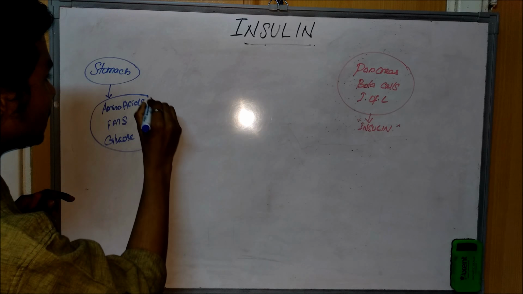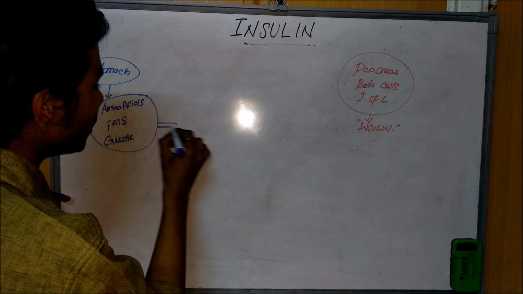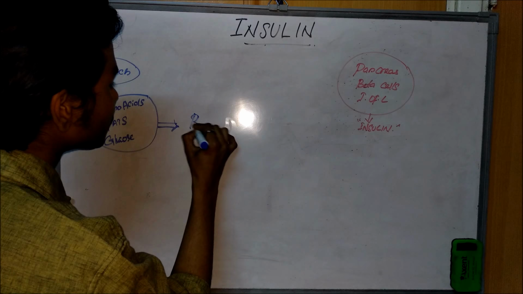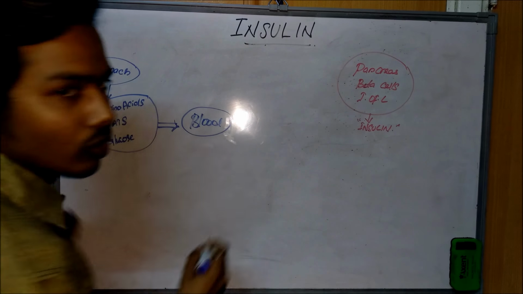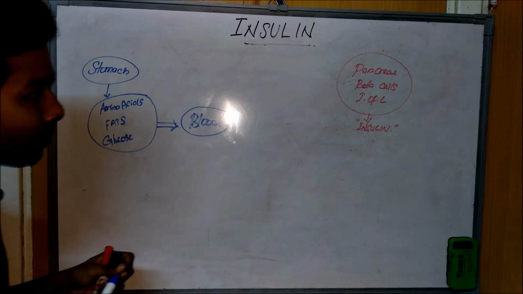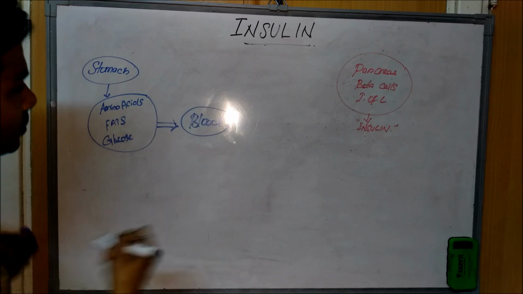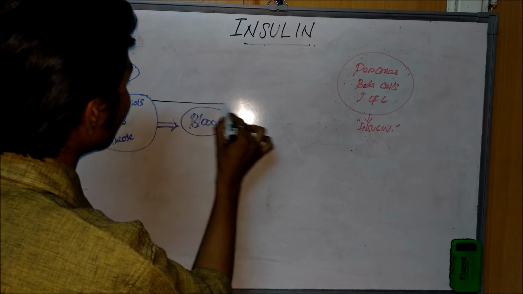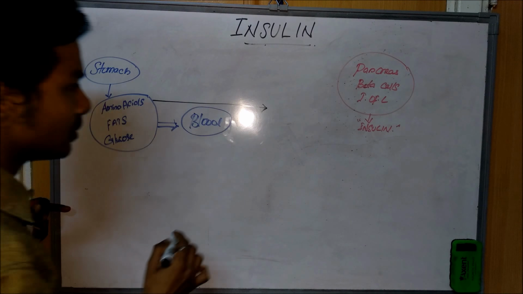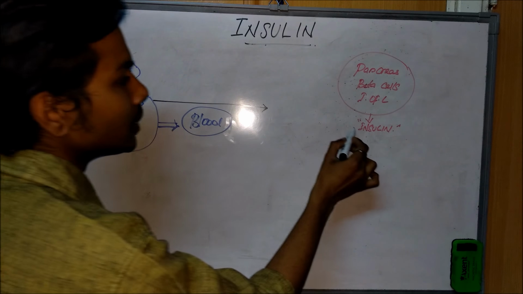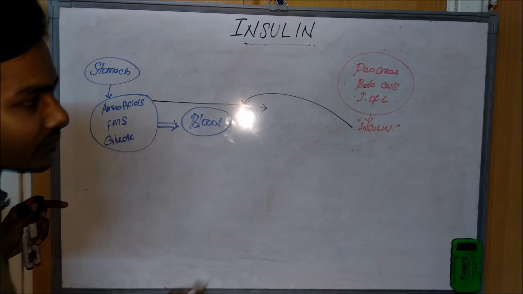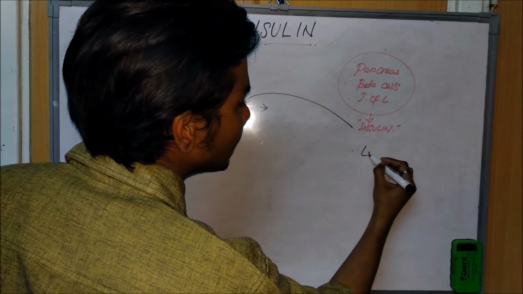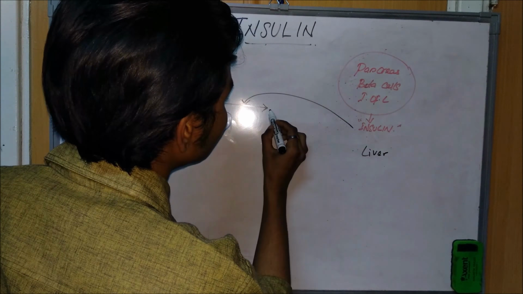These are absorbed into the blood and go to the organs. When the amino acids are absorbed in the blood, insulin helps them enter the liver.